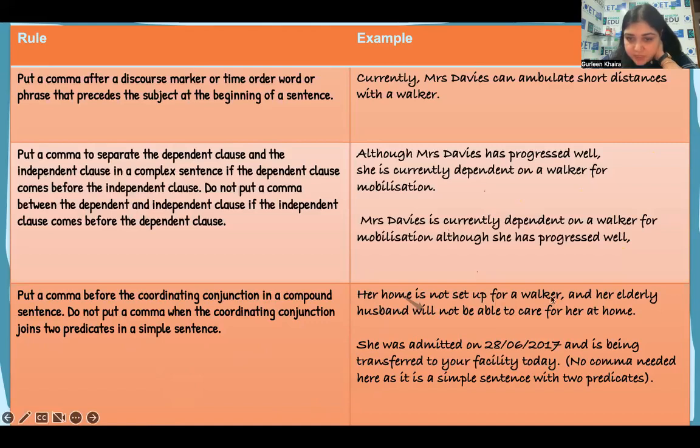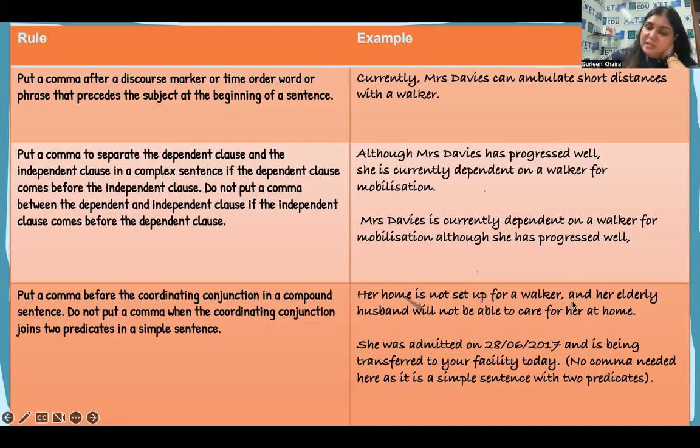Her home is not set up for a worker. This is the first idea in a compound sentence. Her elderly husband will not be able to care for her at home. This is the second idea in a compound sentence. We are joining them together, and because they're equally important for the reader, we have joined them using a coordinating conjunction to make it a compound sentence.